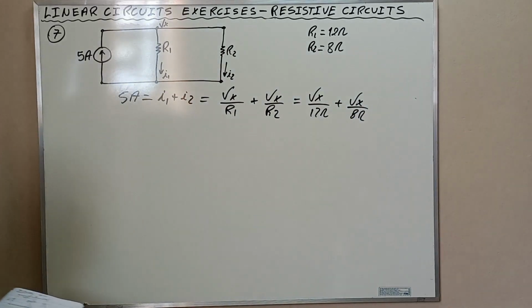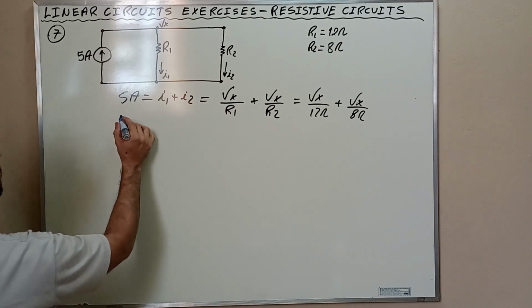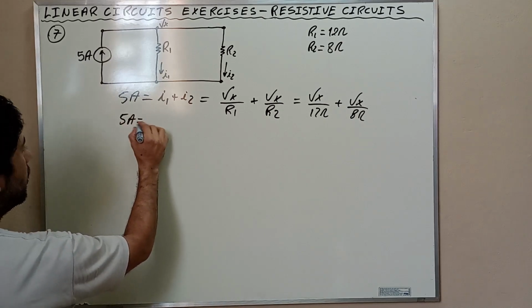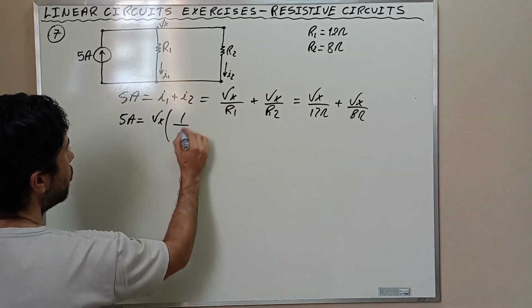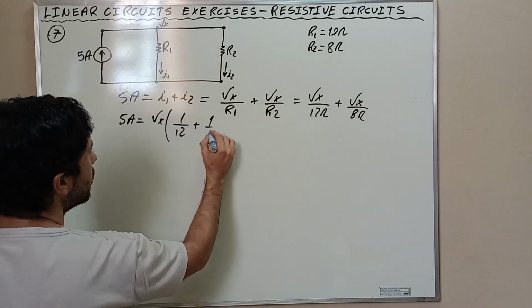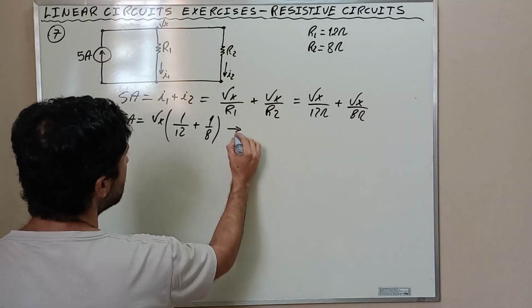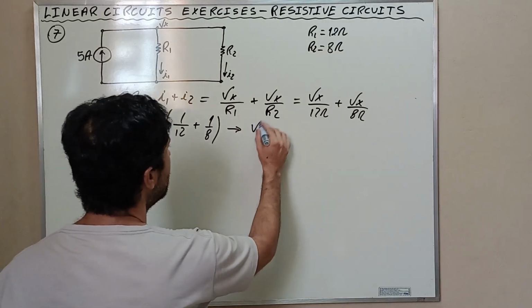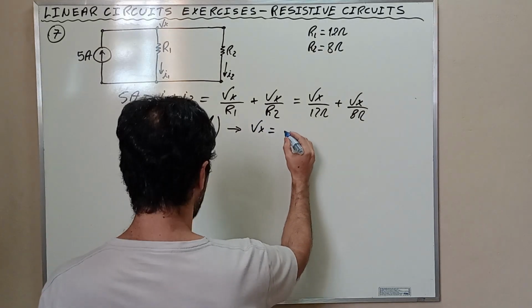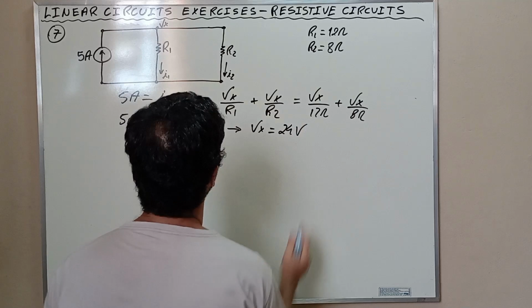Now it's just mathematics, some algebraic manipulations that we are going to use. It is going to be Vx times (1 over 12 plus 1 over 8). If you carry out this algebraic manipulation, you're going to find that Vx is equal to 24 volts.